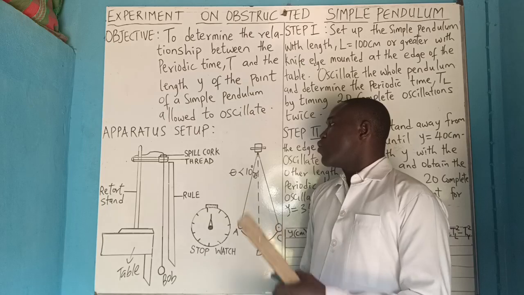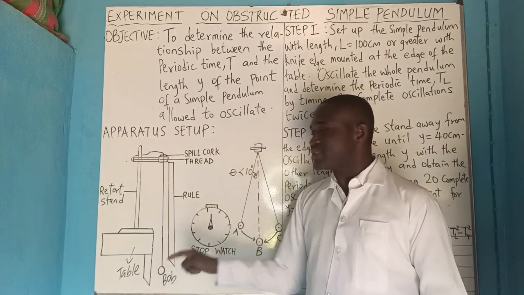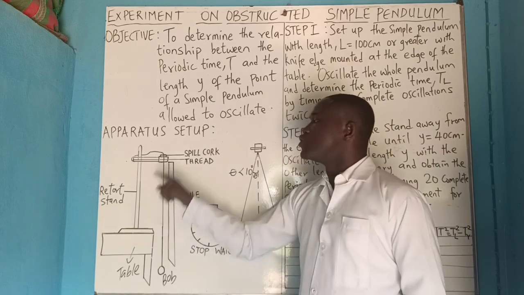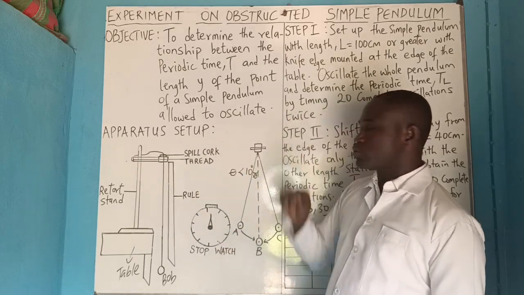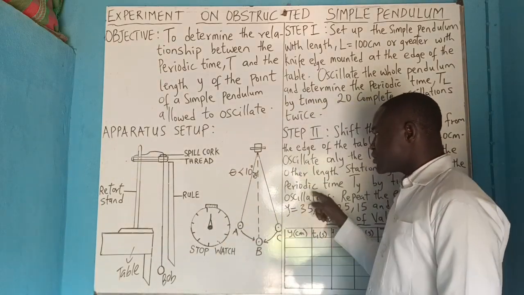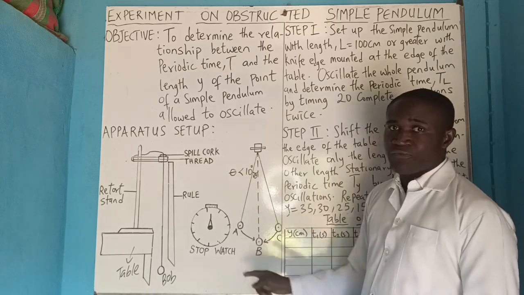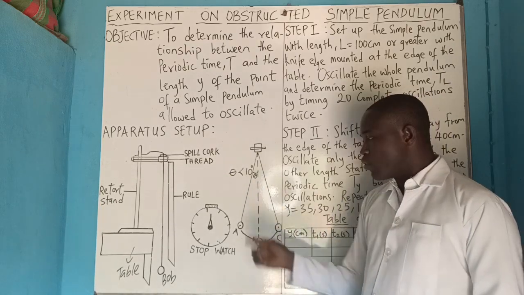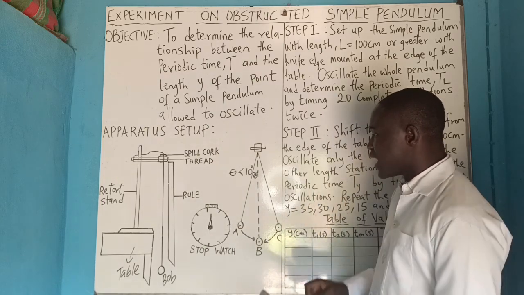Now, when you use this to perform your first experiment, you will also use it to do your second experiment by following step 2. We will still discuss it. And look at the direction of movement it has to follow, to and fro. And this is the stopwatch that we use to take our time.